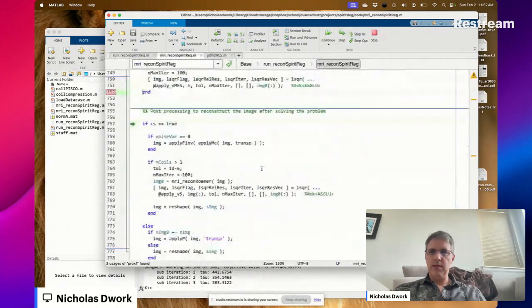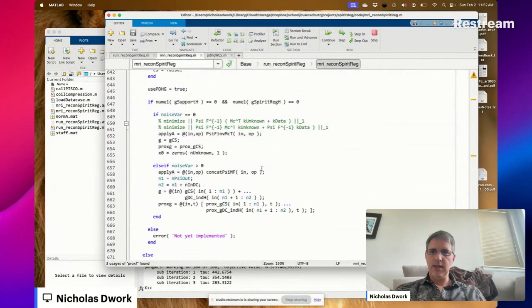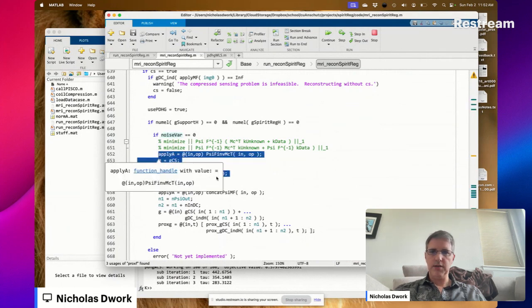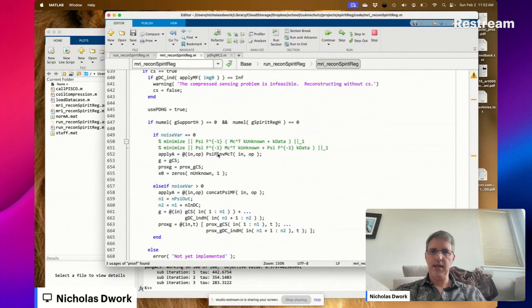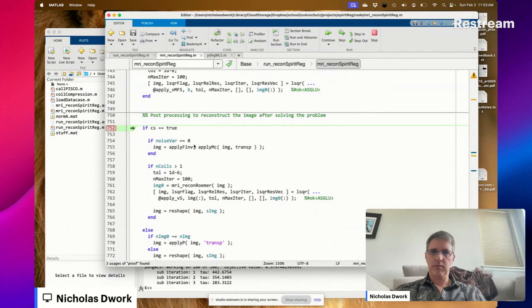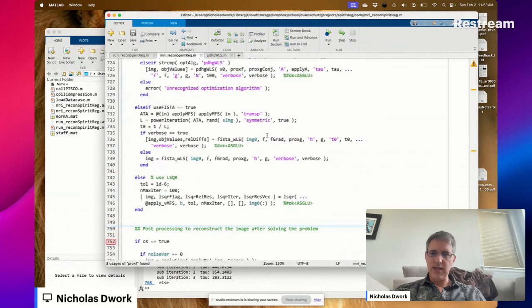Since y'all weren't seeing me, I guess I've got to recap a little bit. I created this. If the noise variance is equal to 0, then this is apply A, just psi F inverse MCT. CS is not equal to true? What?